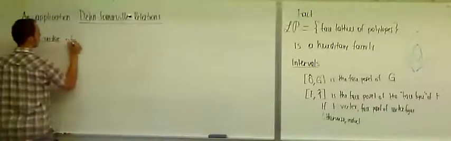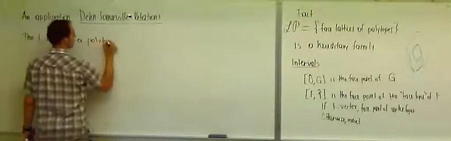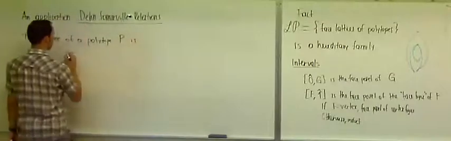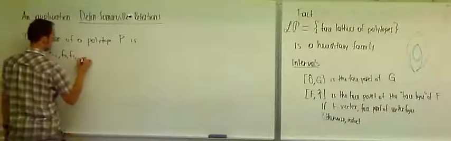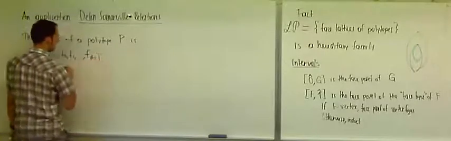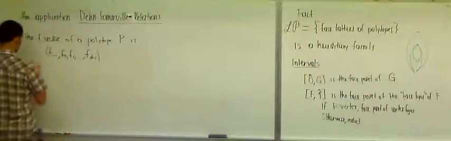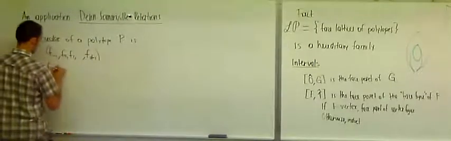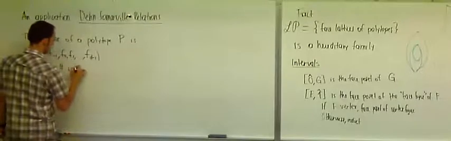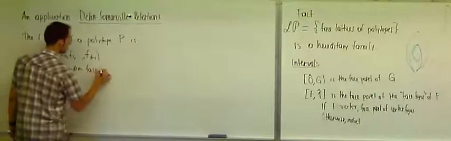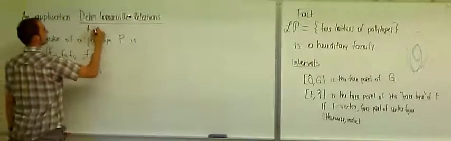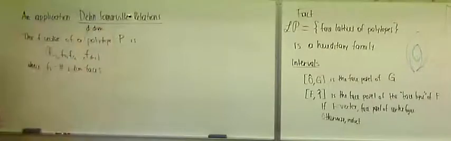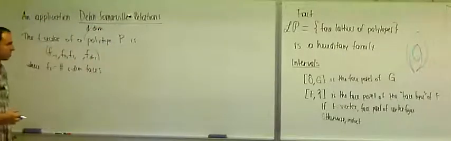The f vector of a polytope P is given by f minus 1, f0, f1, up to fd minus 1, where fi is the number of i-dimensional faces. And I guess I should say that this is a d-dimensional polytope. So you count all the faces of all the various dimensions. Okay?